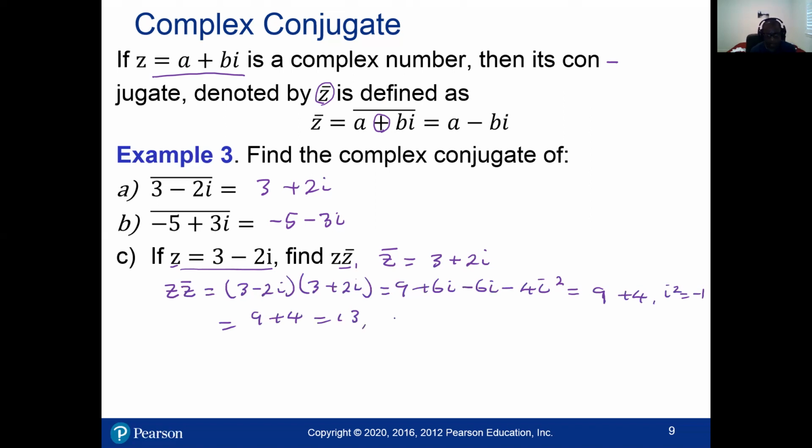Now, I want you to see it this way, to generalize it. If you multiply 3 minus 2i times 3 plus 2i, it's just going to be the 3 squared plus the b, in this case 2, squared. That's why you get 9 plus 4, and that is 13.